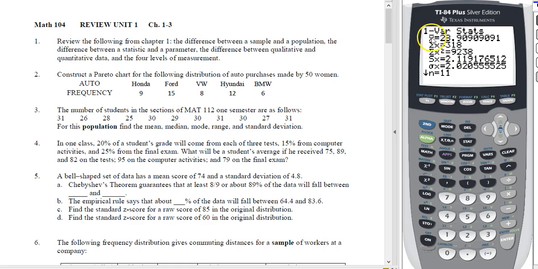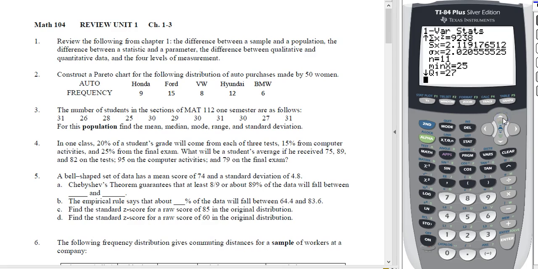X bar is the notation that the calculator uses for the mean. That's technically sample mean, but it's population mean in our case as well, 28.909 to 3 decimal places. The min you have to scroll down for. The median is 30. The mode is not given because it's a function.